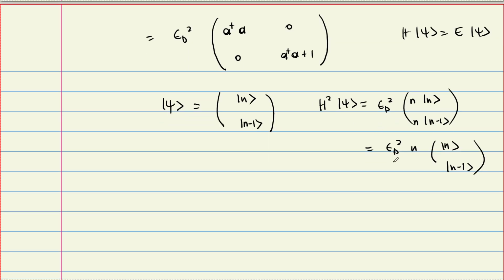This is an eigenvalue equation form. Then E_N squared is going to be E_D squared times N. Good? Is it E_N or E_N squared? Oh, E_N squared, yes. You're right.